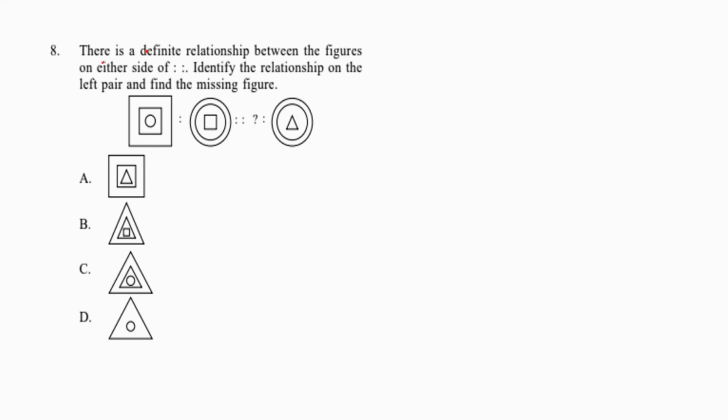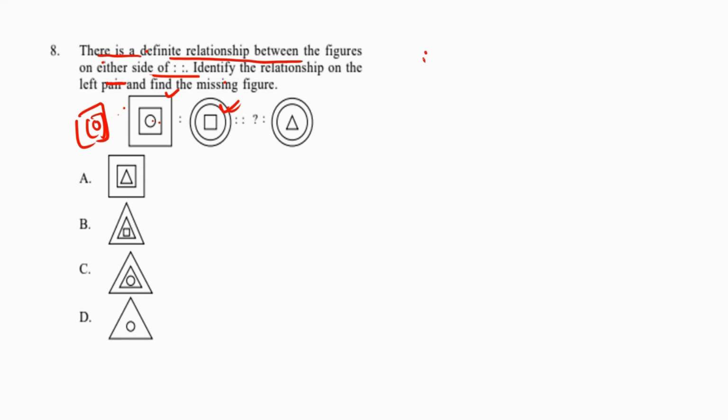Next, question number 8. There is a definite relationship between the figures on either side of the colons given. Identify the relationship on the left pair and find the missing one in the right pair. Okay, so we have two squares as an outer boundary and one circle embedded within. If we observe, in the next part the squares are both replaced by the circle and the circle replaced by the square.